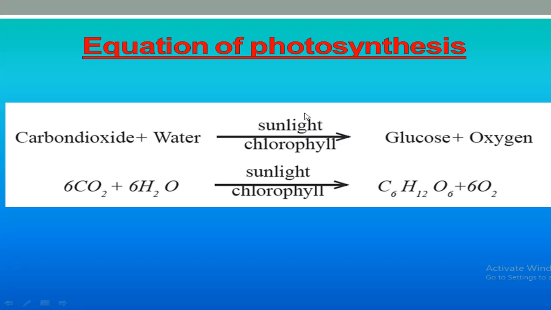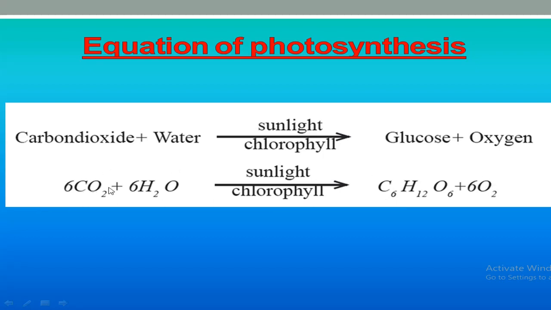The energy provided for photosynthesis is sunlight. Chlorophyll is important to absorb the sunlight. The products of photosynthesis are glucose and oxygen. Glucose is the main product. Oxygen is the byproduct. The next equation is known as the chemical balanced equation.